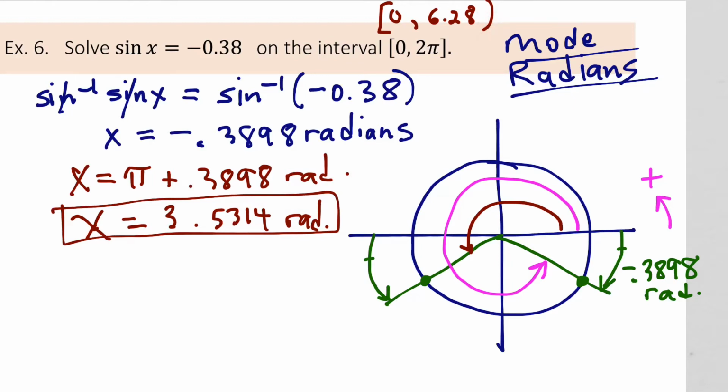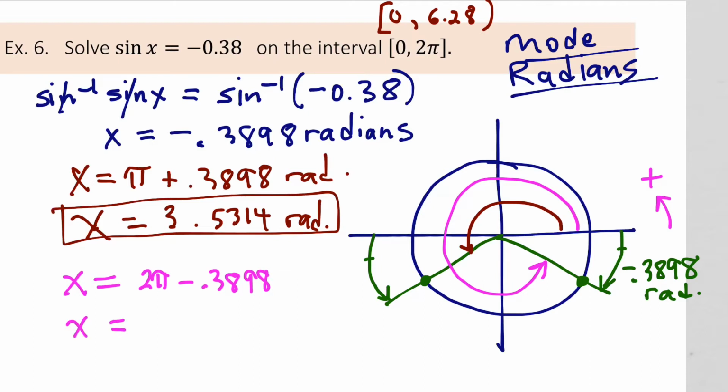Now let's look at the pink one. If I'm looking at my picture, my positive angle goes all the way around to 2 pi, and then I take off this 0.3898 amount, and I'll be on this terminal side here. We calculate that angle as 2 pi minus 0.3898 radians.